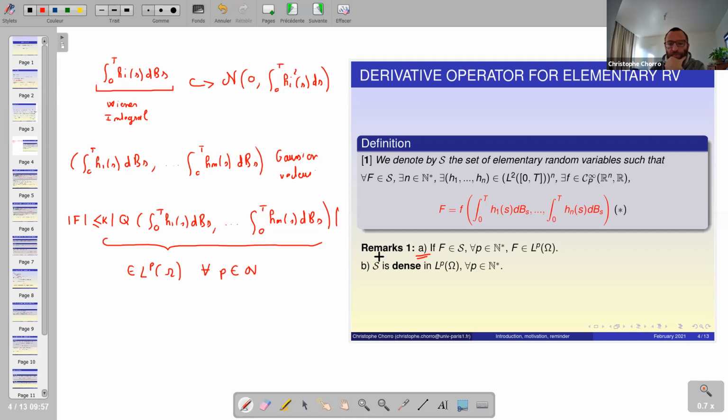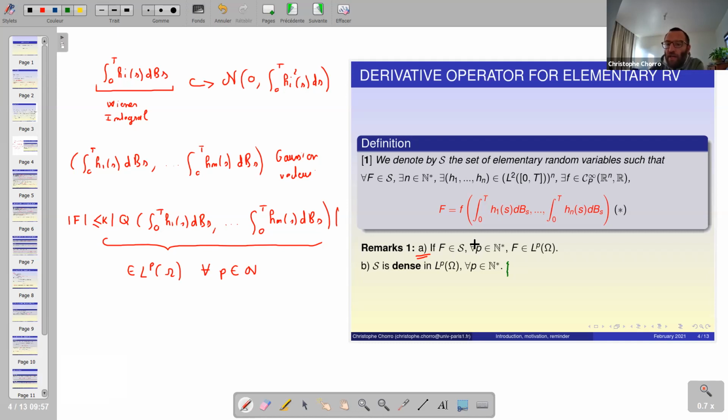A second result that will be important for us is the following one, something that we are going to admit. I have seen that S is included in L^p of omega for any p. But in fact, we have more than this.